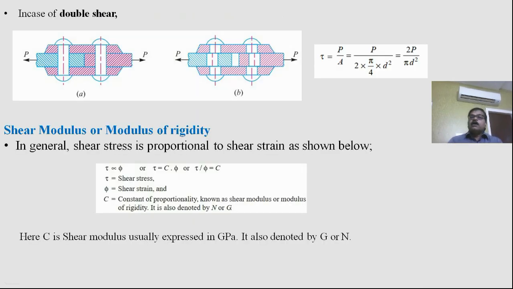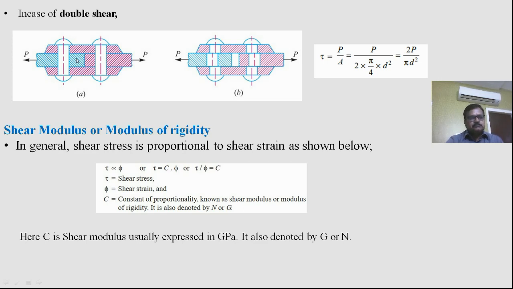When you have such kind of joint where two plates are joined together with the help of two cover plates. This is the cover plate on the top and this is another cover plate at the bottom. This is also known as a double strap.